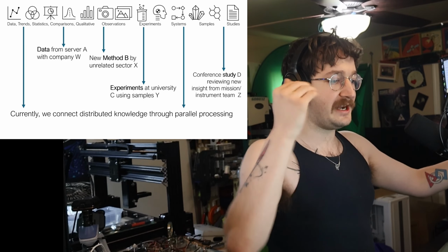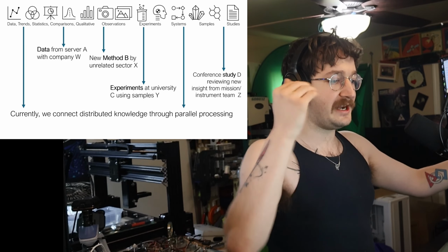Currently, we connect the distributed knowledge that we have through parallel processing, right? So we take each of these things or groups of these things, and we make a team and a research project where we thread and study those different things. So we get data from server A using company W. We use some new method B in an unrelated sector X, or we do experiments at university C using samples Y.